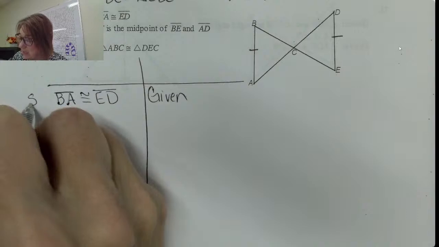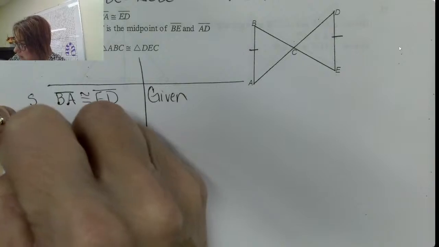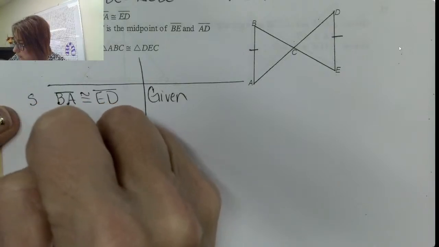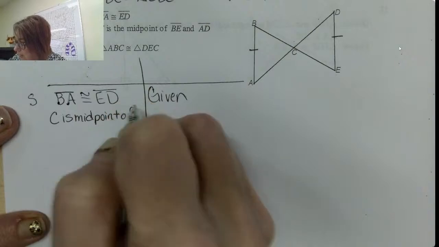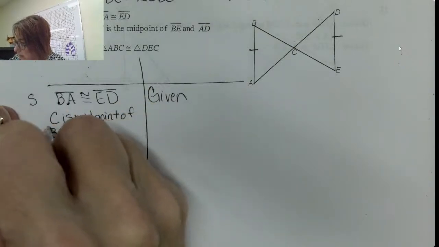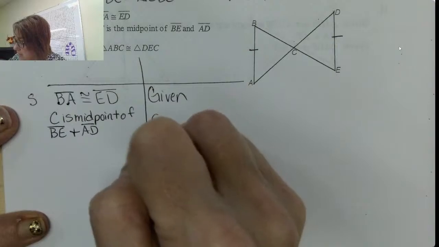Now, this is a side that's congruent to a side, right? Okay, what else did they give us? Okay, so they said C is the midpoint, and they told us this is one statement, right? Of BE and AD. And that's given.